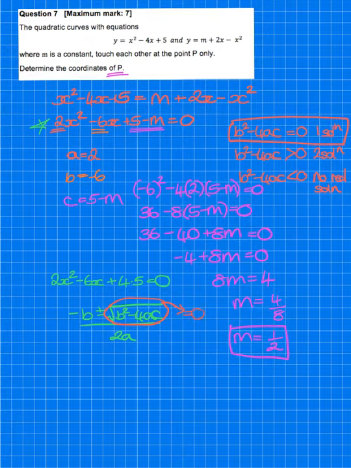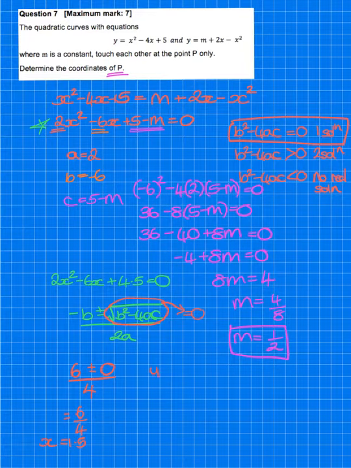That was the whole point earlier. So what we've got is minus b, which is minus 6, so 6, plus or minusing 0 over 2a. Now a is 2, so that's 2 times 2, that's 4. Okay, so what we get is 6 on 4, or 1.5. So we know that that is the value of x when they're going to touch.